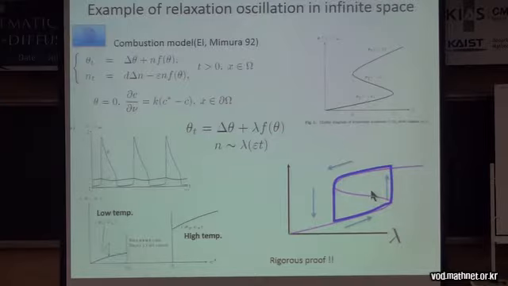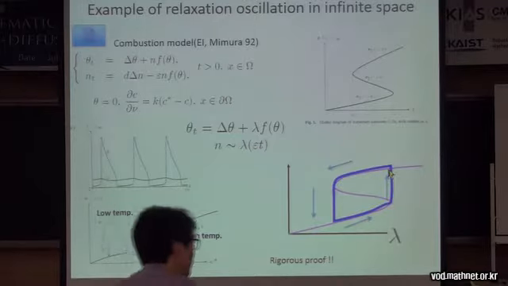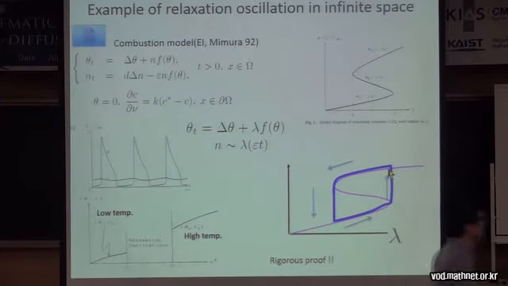And here the branch disappears, so the solution goes up like this. Slow dynamics and fast dynamics, slow dynamics and fast dynamics. Like this, relaxation oscillation periodic structures appear also in this combustion model equation.